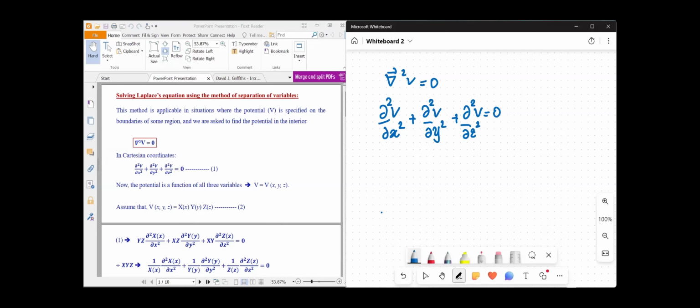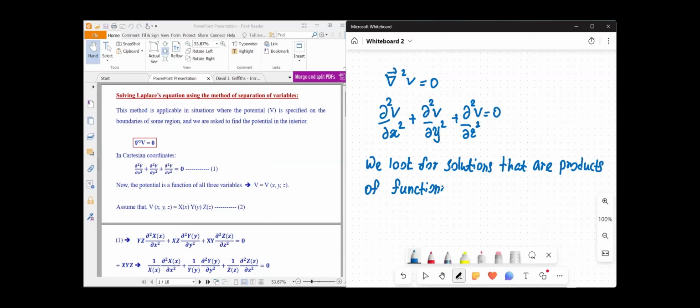We are going to look for solutions that are products of functions, and each of these functions we are going to assume will depend only on one of these coordinates.